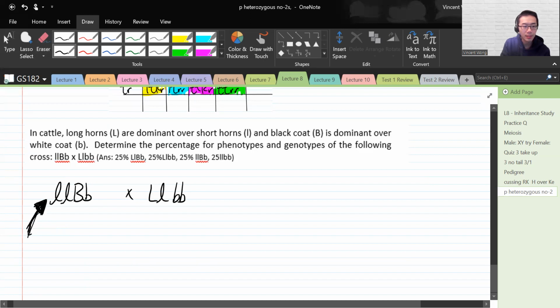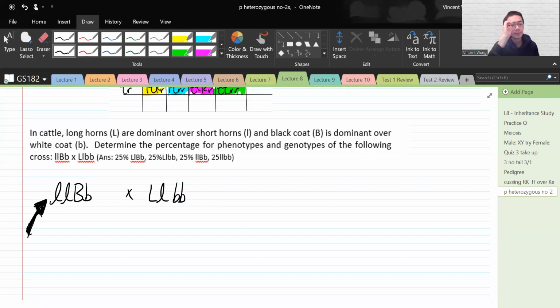What is this one? What does it look like? Is it longhorn? Is it shorthorn? Is it black? Is it white? What's going on here with this cow?